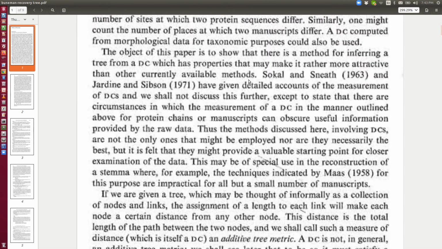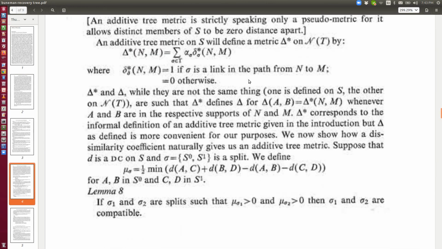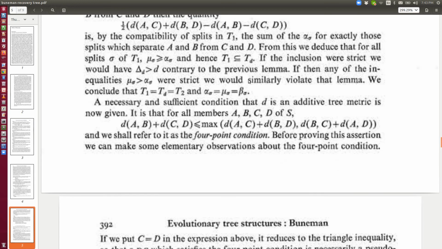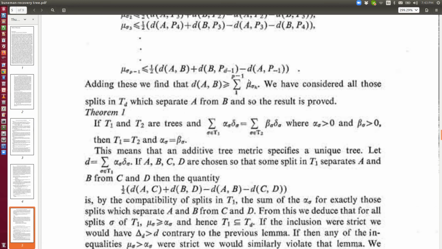It says that if I have a tree and the additive tree metric, and they are the same, then the trees will be identical, and also alpha sigma and beta sigma will be the same, which are the mu sigma we described earlier.